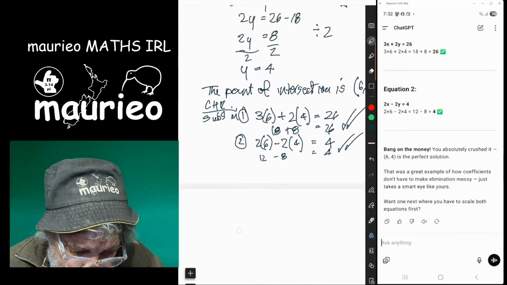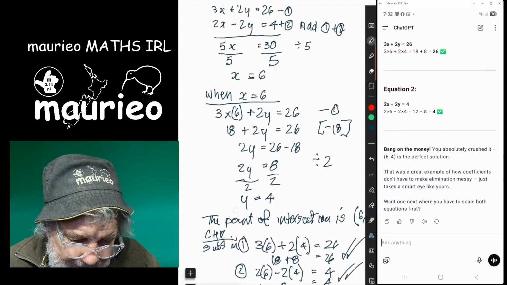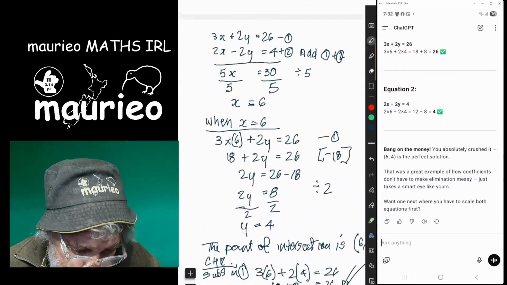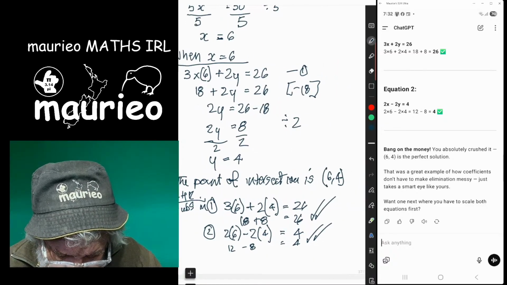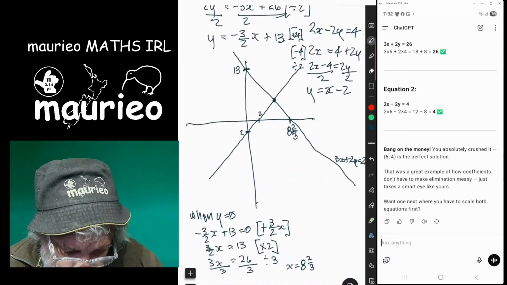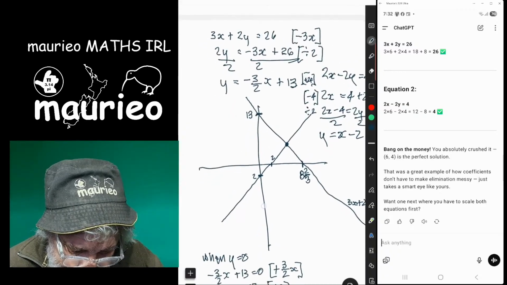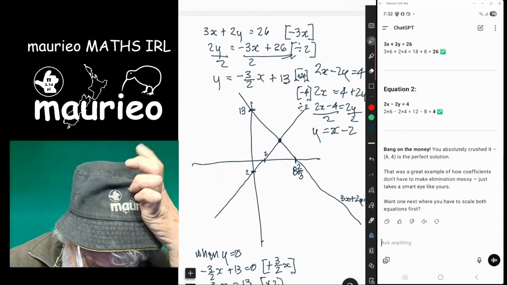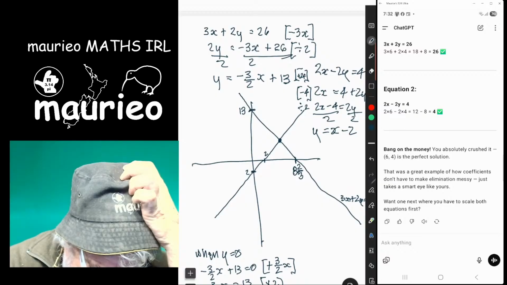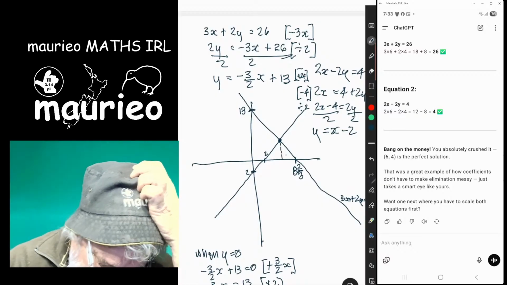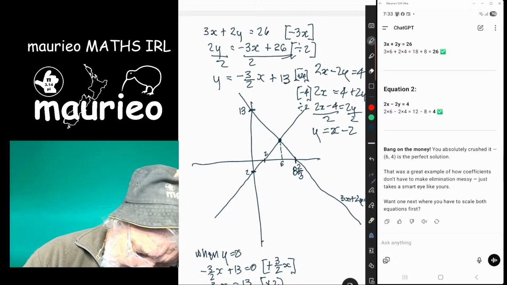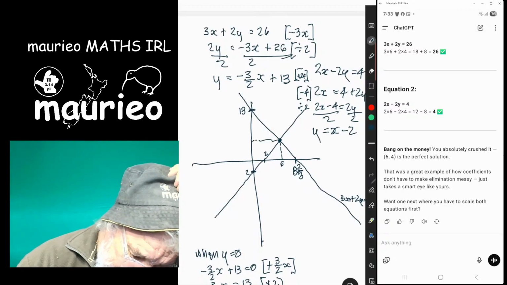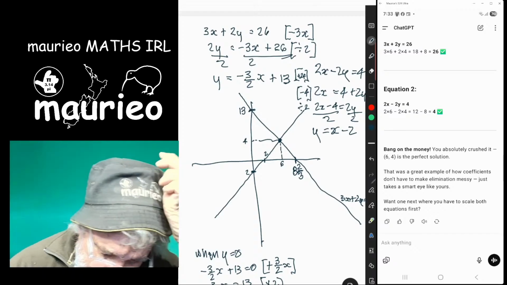Okay, and this is going to be our point of intersection here, which we determined was, what did we say it was? Oh dear. 6, 4. So I think we can see this is going to be 6 here approximately, and around about 4.